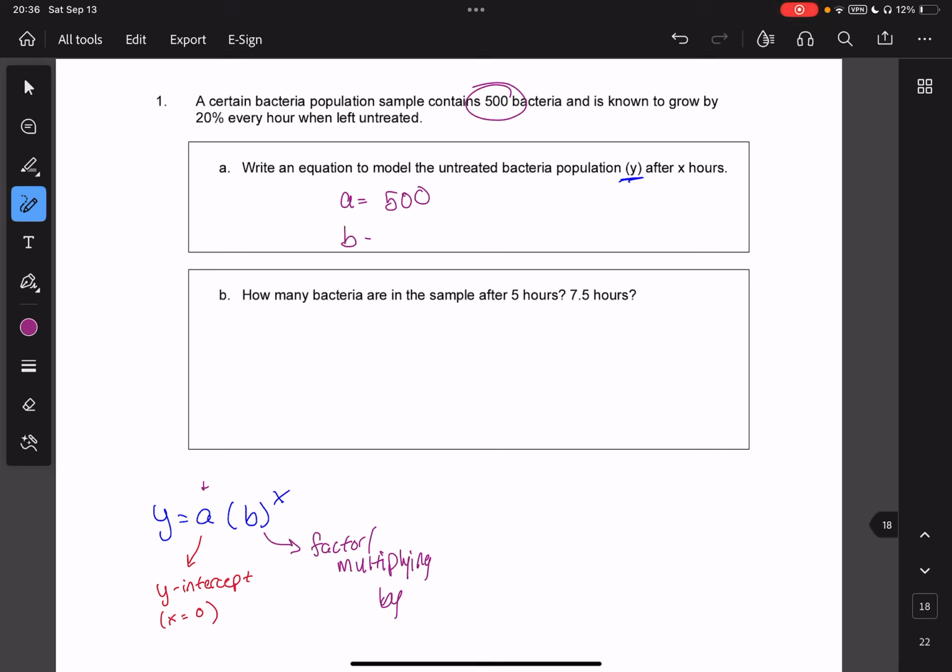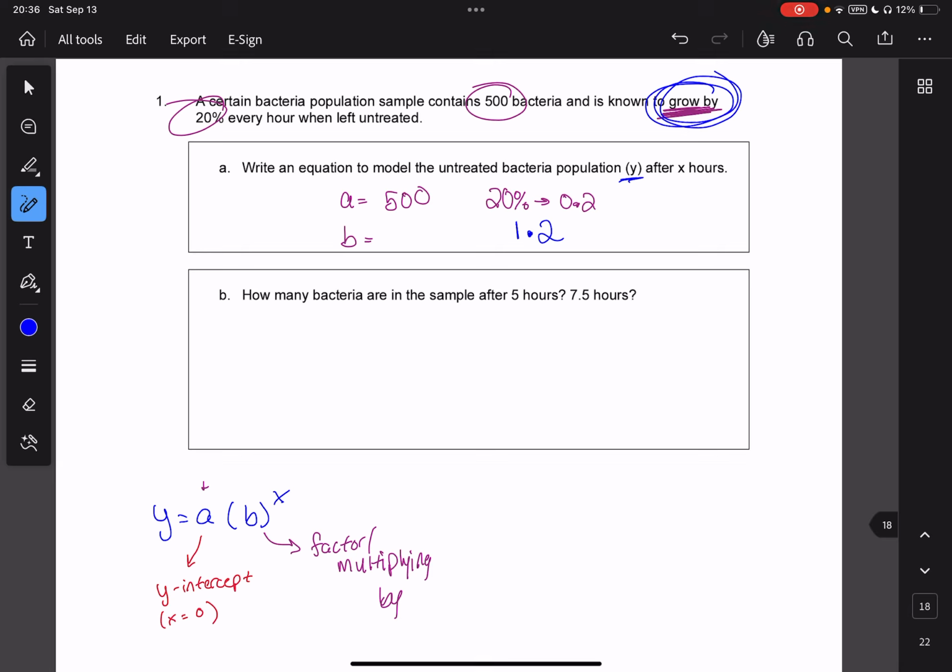And then our factor, our B, that we're going to be multiplying by, so B, it's growing, so the keyword is growing by 20%. The way we write 20% is 0.2. But when we multiply a number by a decimal that's less than 1, it's going to decrease. So when we are growing, we have to add 1 to it so that it increases.